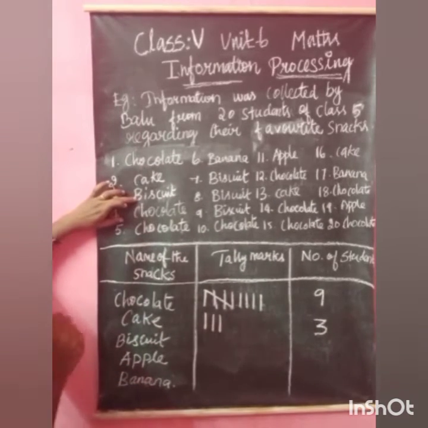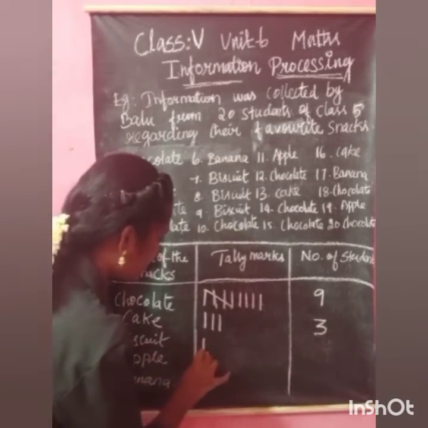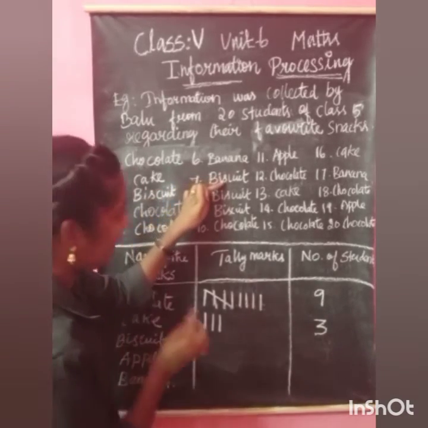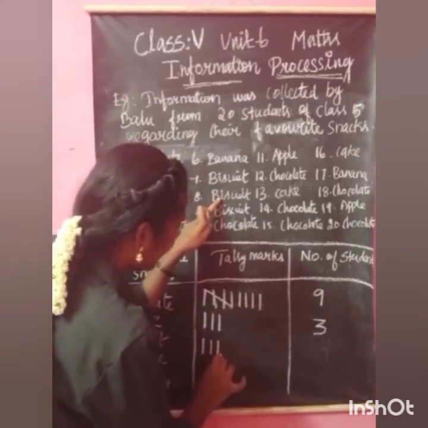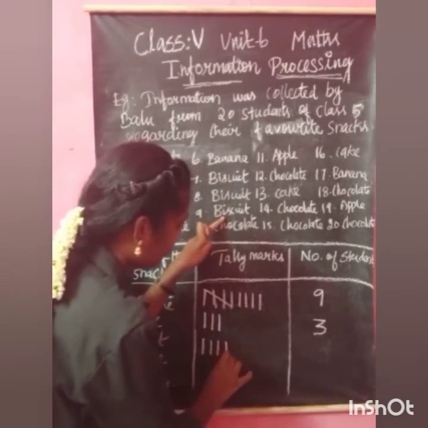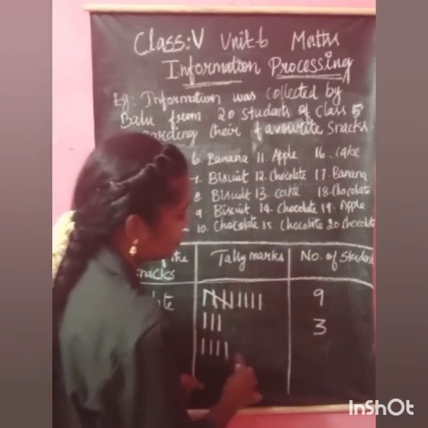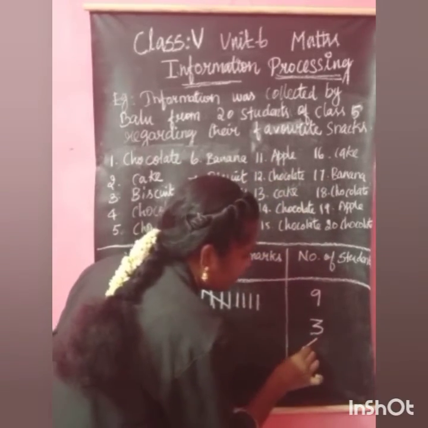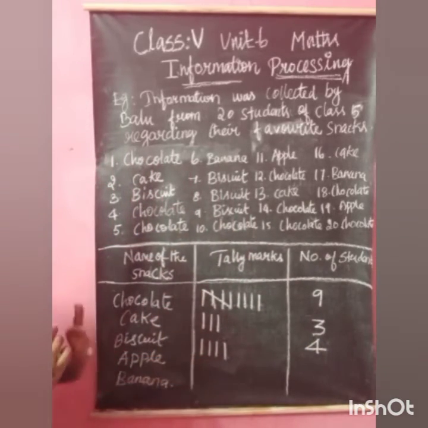Next biscuit. Count the biscuit, children. The 1. So put 1 vertical line. Then 2, 3, 4. So 4 biscuit. So 4 students got biscuit.